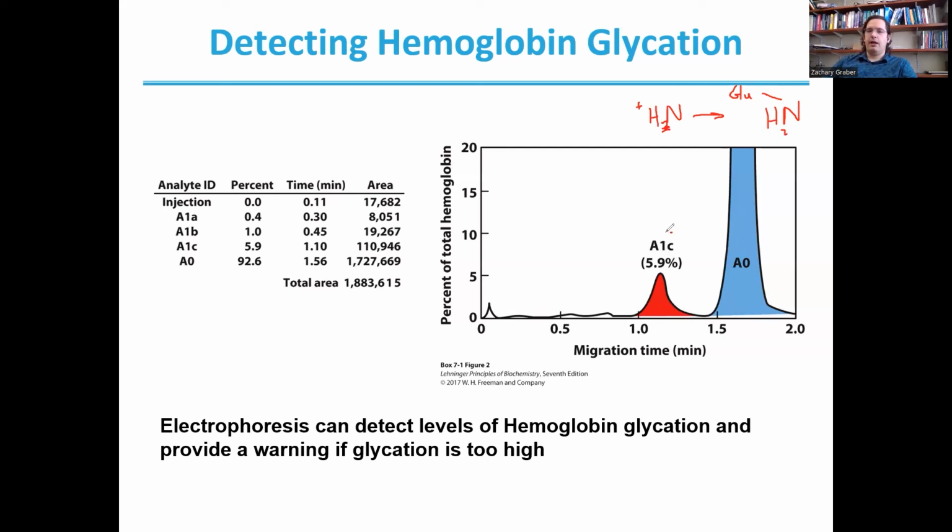So we can easily detect glycation using electrophoresis, so separating based on the charge, and of course the size would affect it here as well. We could actually estimate the percentage of total hemoglobin based on this small peak of glycated hemoglobin compared to our normal hemoglobin. So this, again, will detect our levels of hemoglobin glycation and provide a warning if our glycation is too high.